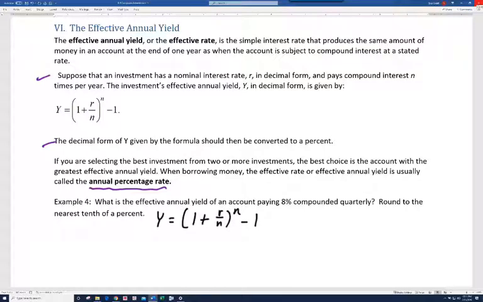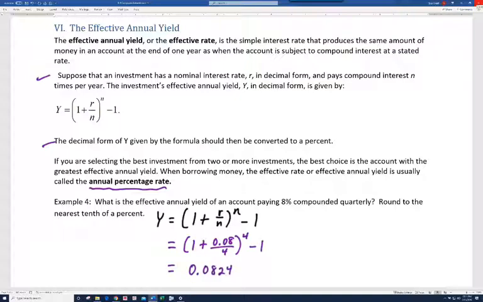So in this problem, R is going to be 0.08. So it's 1 plus 0.08 over N, which they said was compounded quarterly, so N is 4. And that would be to the 4th power minus 1.